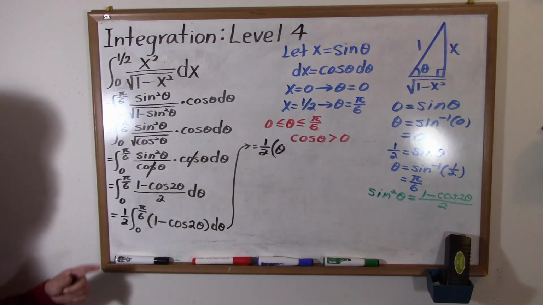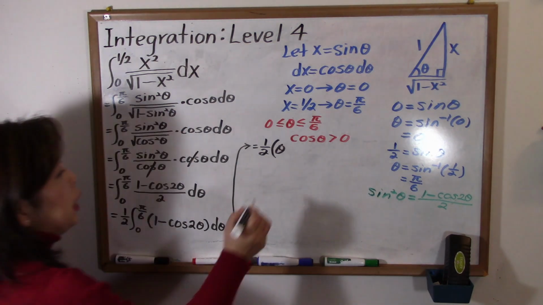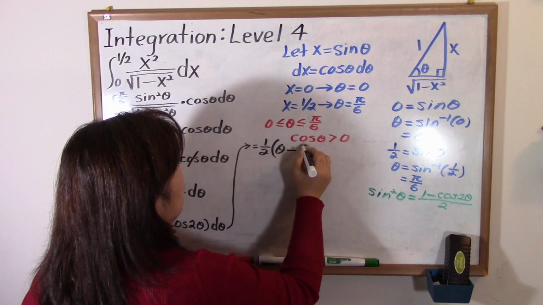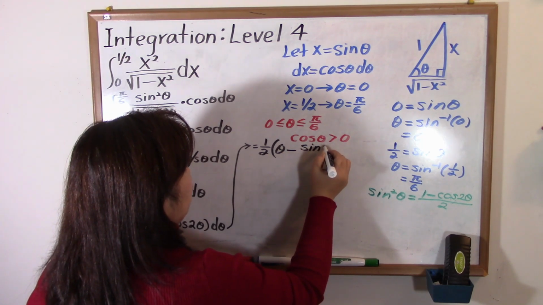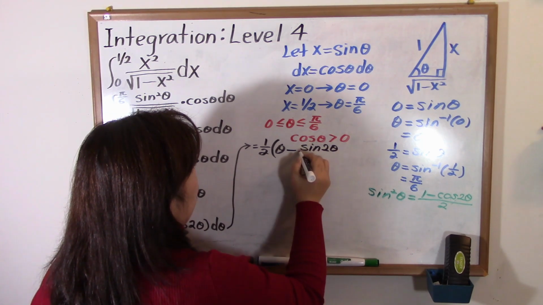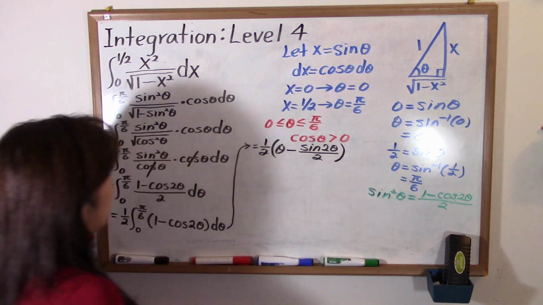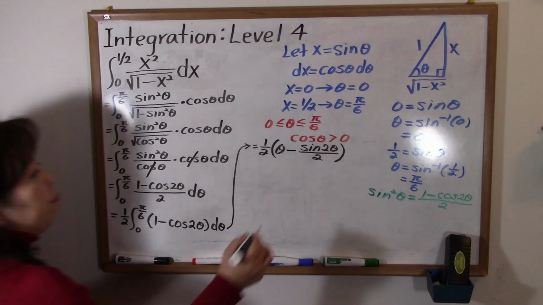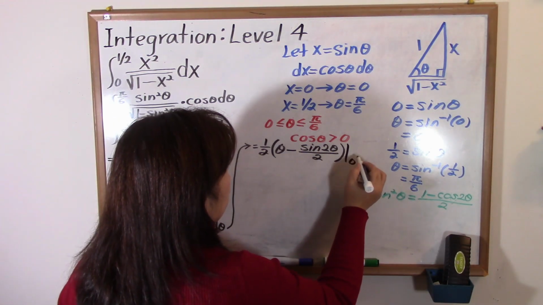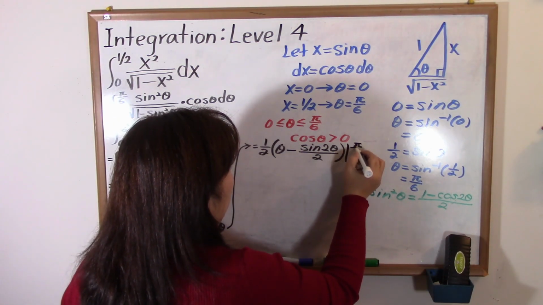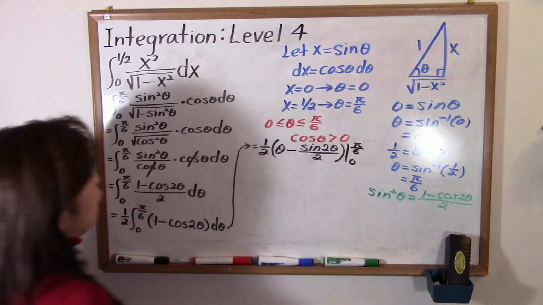The integral of negative cosine 2 theta is negative sine 2 theta over 2, and the boundaries are from 0 to pi over 6.